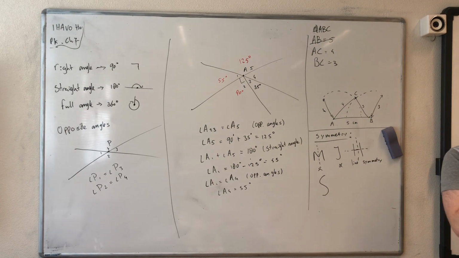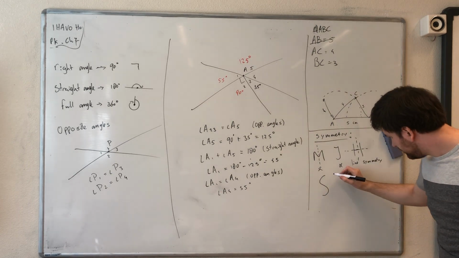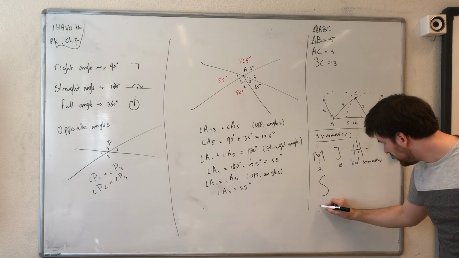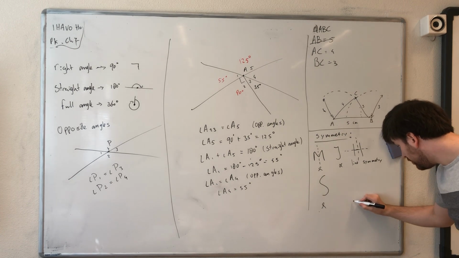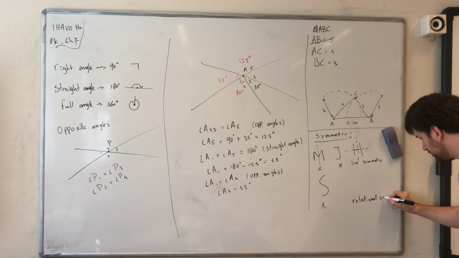The S. Susanna, how could I forget about that? Because if you turn the S 180 degrees around, then it's still the same S. So that one has rotational symmetry.